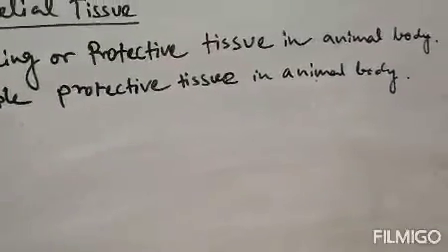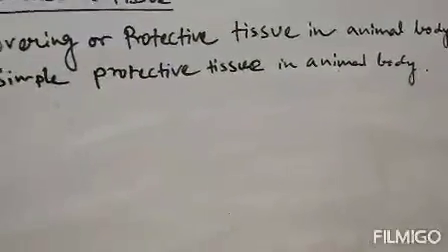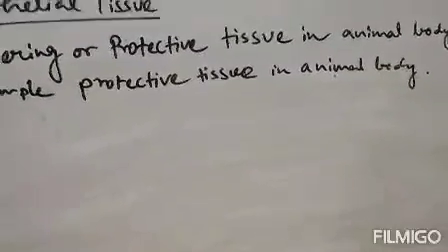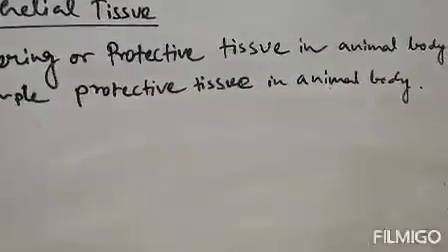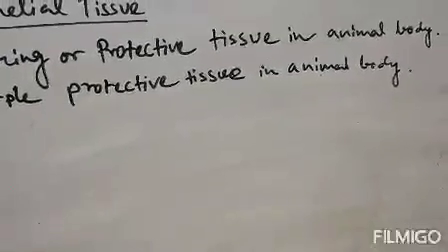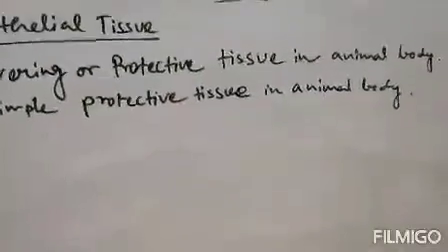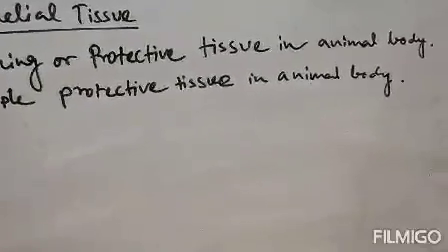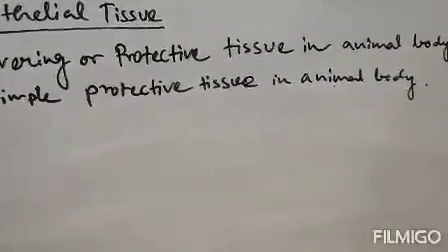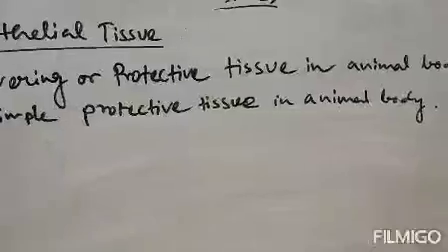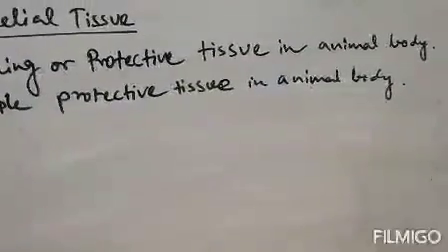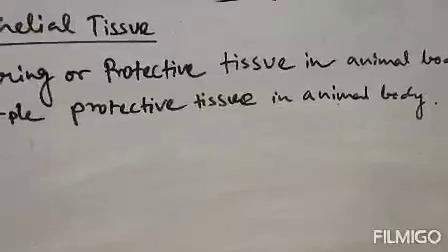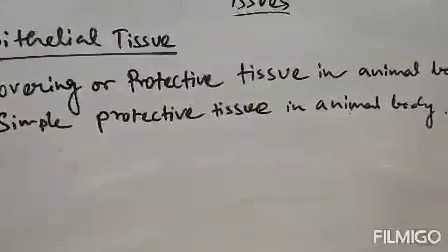Also, this epithelial tissue forms a barrier to keep different body systems separated from each other. Now the animal body has different organs, different body systems, so it acts like a barrier to keep these organs or body systems separate from each other. In these tissues, the cells are very tightly packed and form a continuous sheet, and there is almost no intercellular space between them.